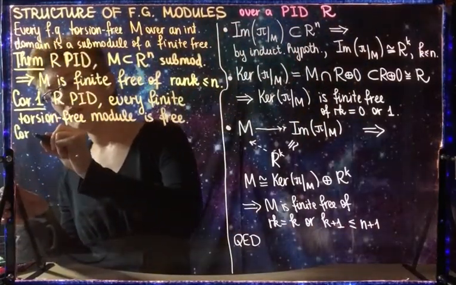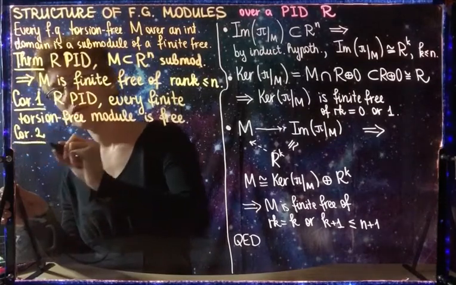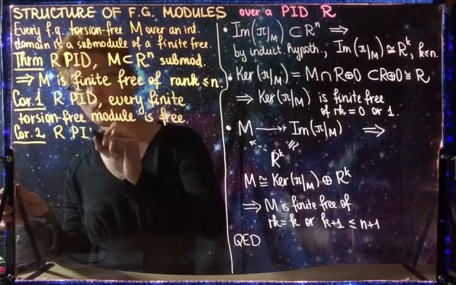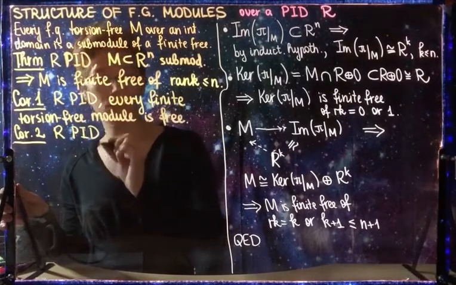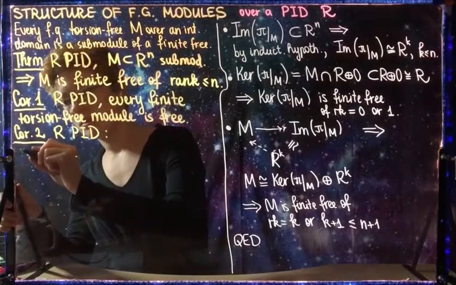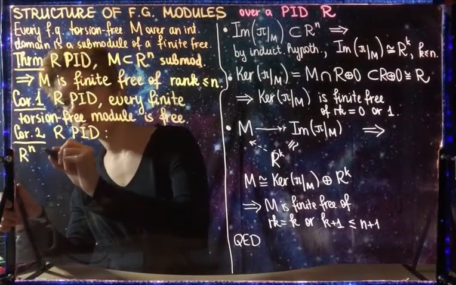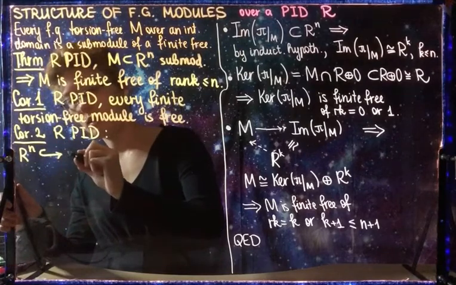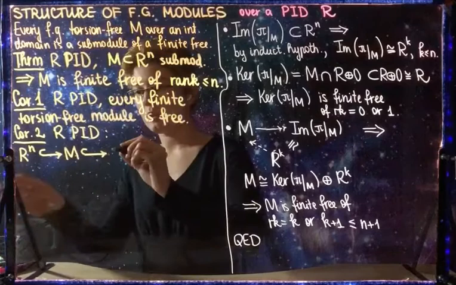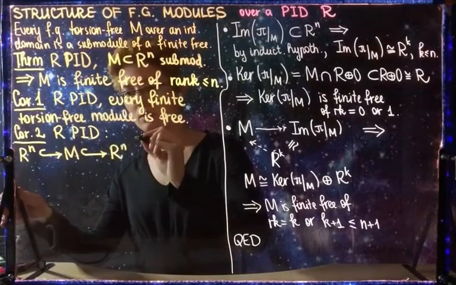And corollary 2: over a principal ideal domain, consider a sequence of inclusions of modules. So a free module of rank n is injected into M, and M is in turn injected into R^n.